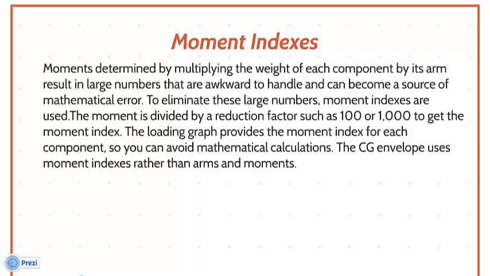The moment is divided by a reduction factor such as 100 or 1000 to get the moment index. The loading graph provides the moment index for each component, so you can avoid mathematical calculations. The CG envelope uses moment indexes rather than arms and moments.